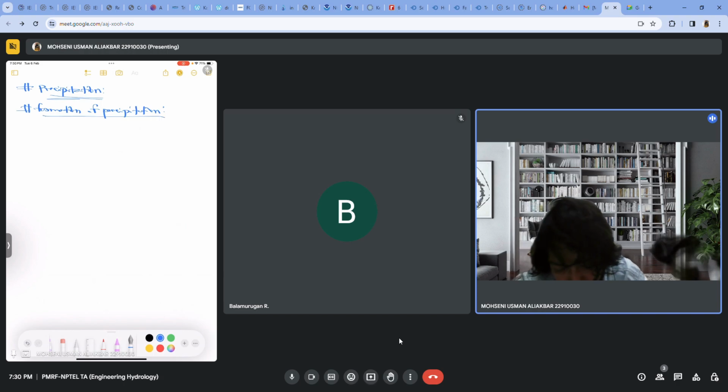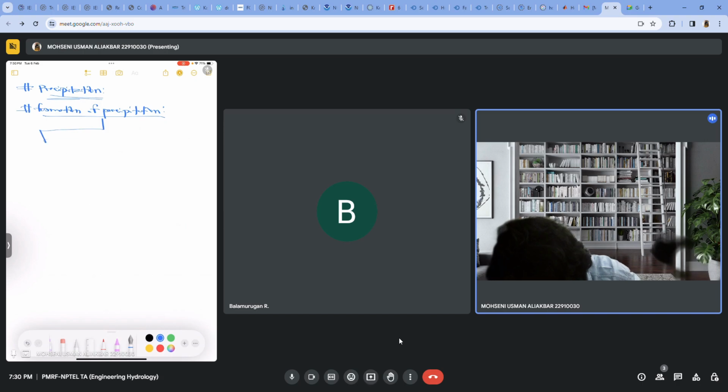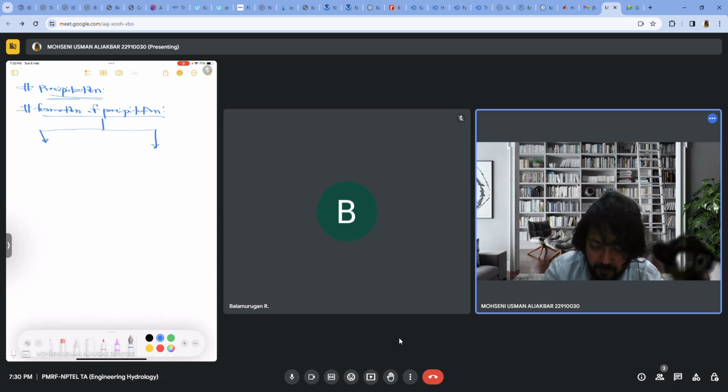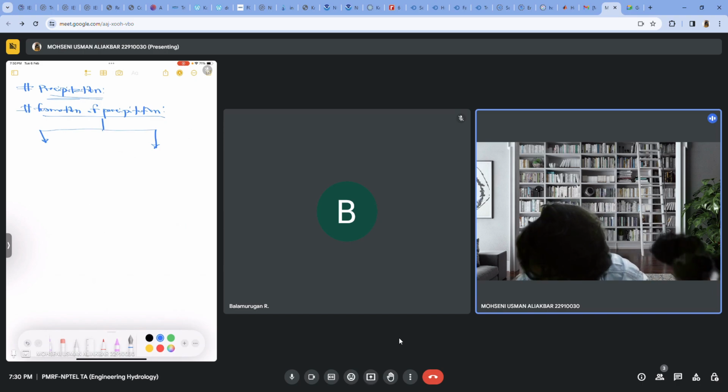So how does precipitation form? To understand that, for a precipitation to form, we can divide the process into two parts. The first part is called lifting of air mass.